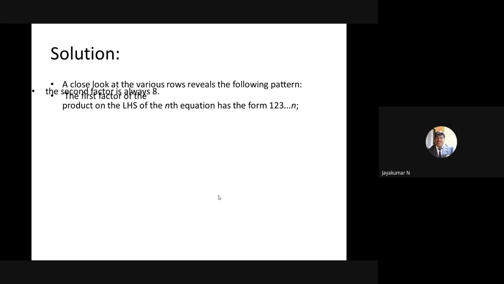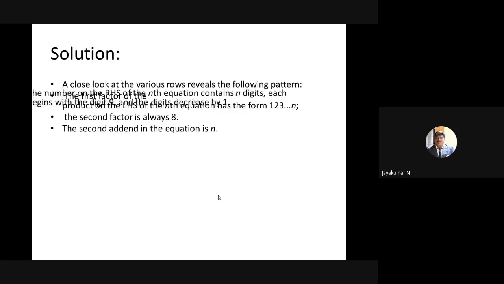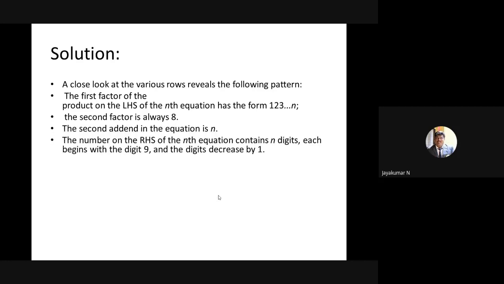The second factor is always 8, and the second addend in the nth equation is n, because the second addend in the first equation is 1, then in the second equation 2, so in the nth equation the second addend is n. The number on the right hand side of the nth equation contains n digits, each beginning with 9, and the digits decrease by 1, because the first is 9, the second is 98, the third is 987, and so on.